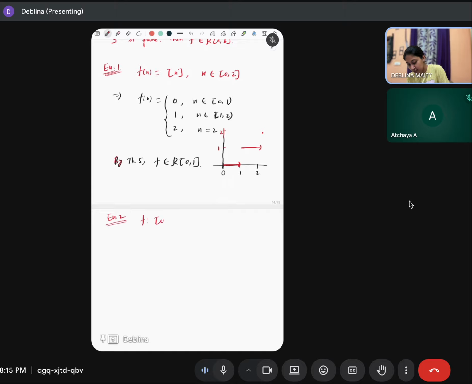Now take this function which is defined by f(0) equals 0 and f(x) equals 1 by 2 to the power n minus 1 when x lies between these values, for n equals 1 to infinity.